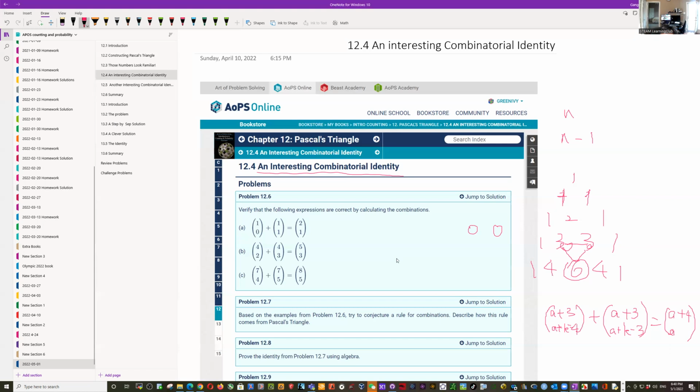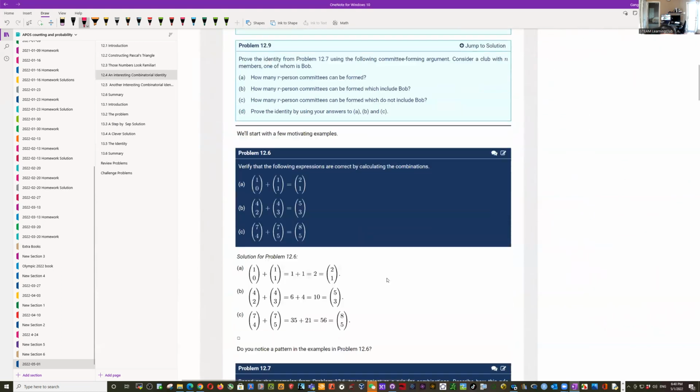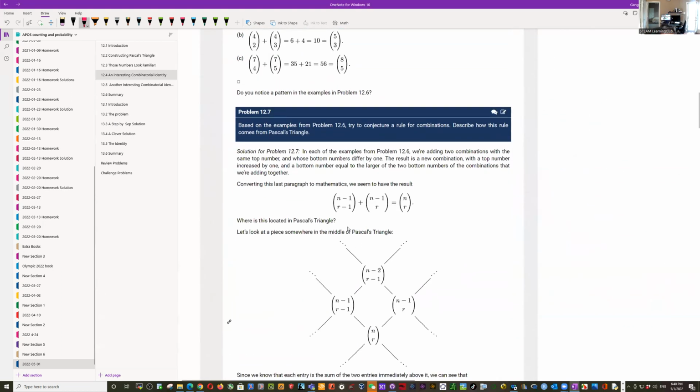So it must be a plus k minus 3. This type of formula you can always write this way. For example, here the top layer is n minus 1, and the lower layer is n, and these are adjacent numbers.